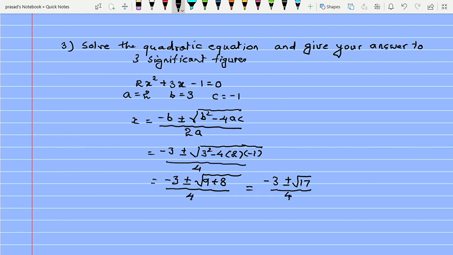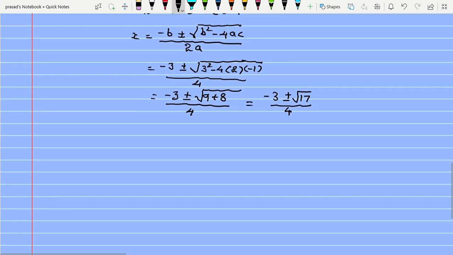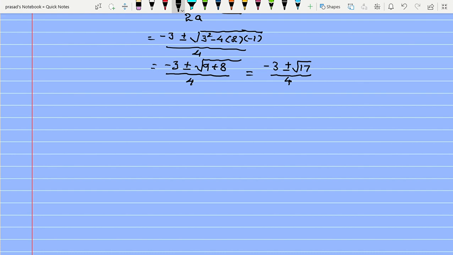So that means the two roots of this quadratic equation are x is equal to minus 3 plus root 17 upon 4, or minus 3 minus root 17 upon 4.